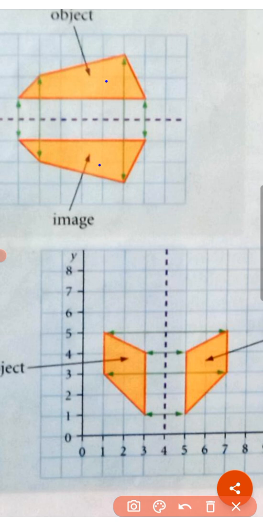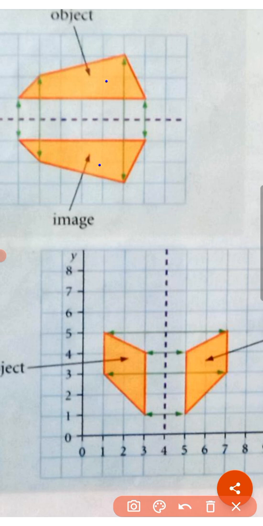Children, take one corner of the shape at a time and plot its reflection in the mirror line. First you count the number of squares from the mirror line, from each corner.